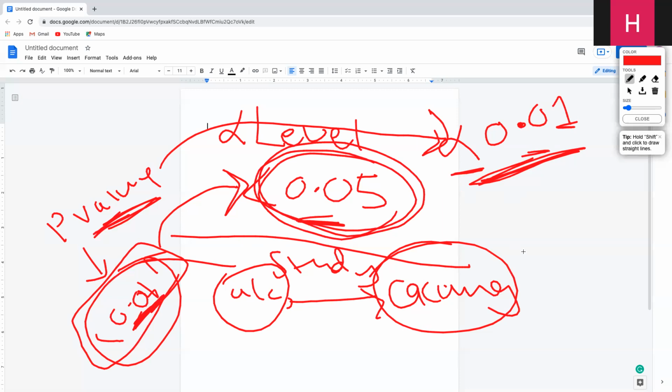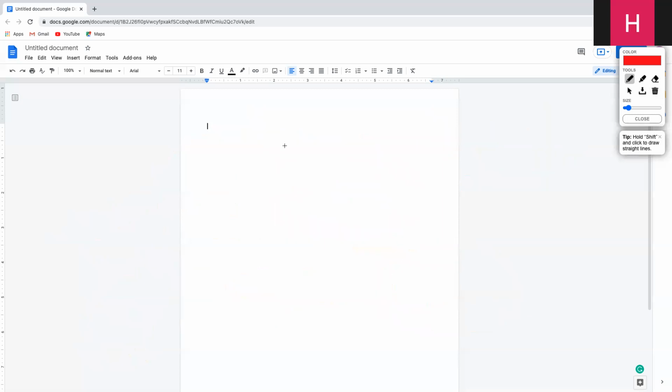Okay, and this will direct us to another thing, which is the power of the study. We have a table in step 3 that talks about the power of the study. There are 4 factors that affect the power of the study.